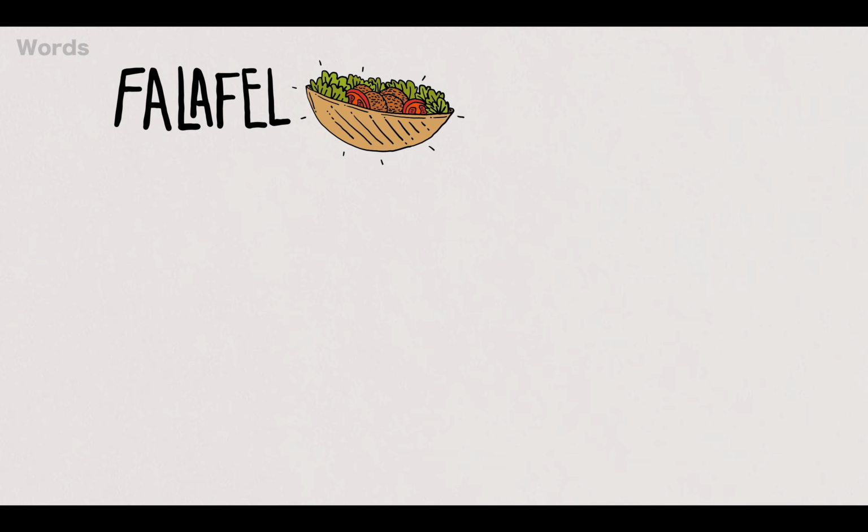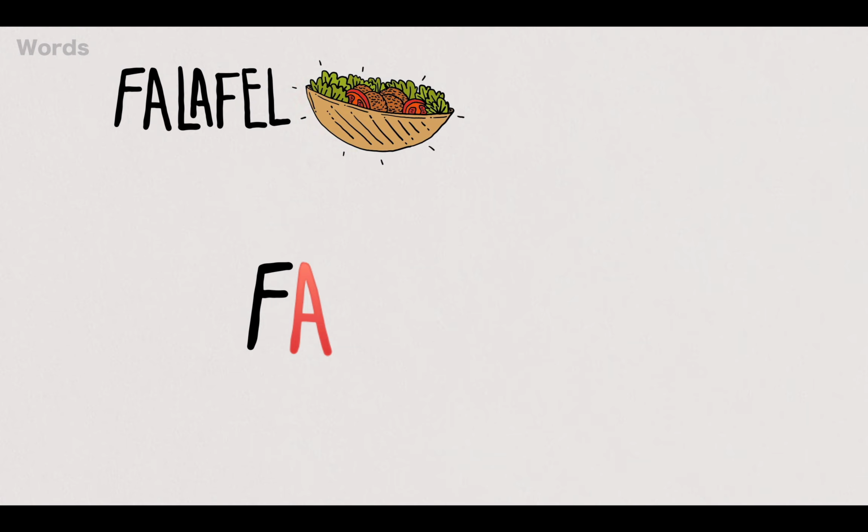So here is my word falafel, and my first syllable, fa. This is the first part of the word, consonant and vowel. As you can see, the consonants, the letters, are in black, and the vowels are in red. So I have f, and on this f, I dressed a vowel, and altogether it is fa.